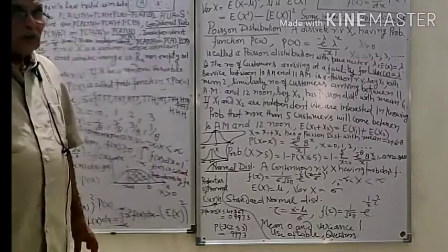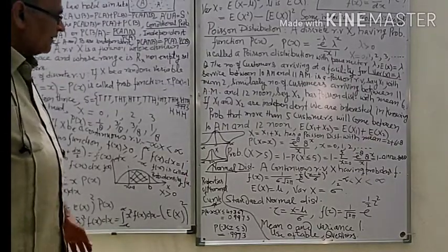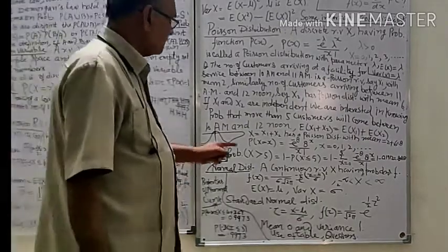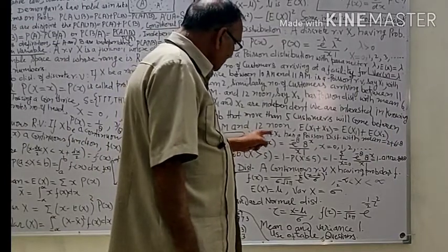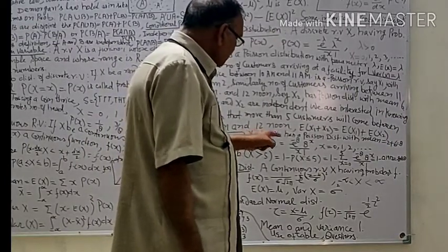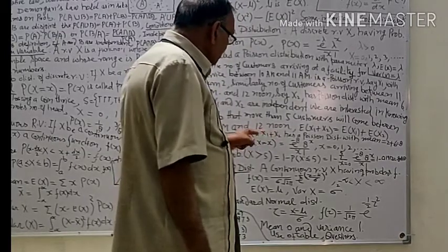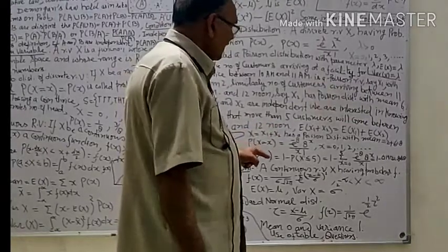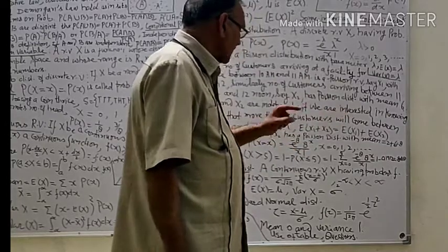And now what is the probability law for this discrete Poisson distribution? It is the probability that X is equal to x. Here X means the sum of the two Poisson variates, x1 plus x2, which has a parameter, or mean, or expected value, of 8.